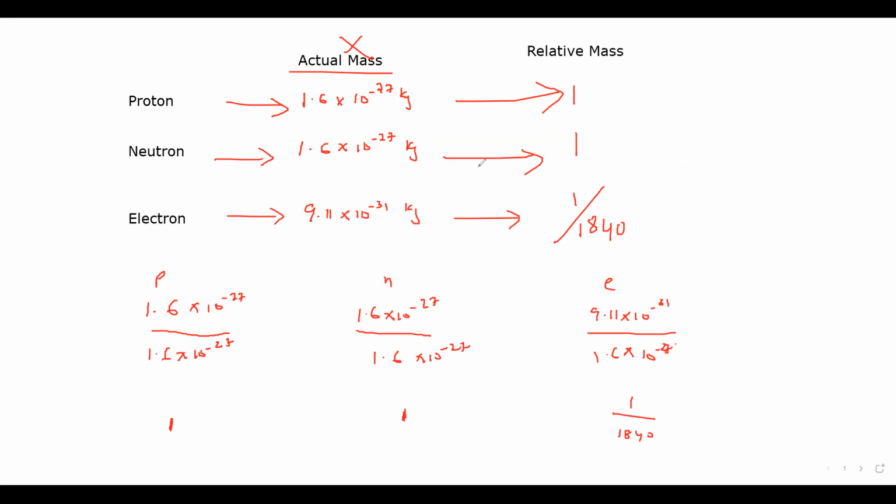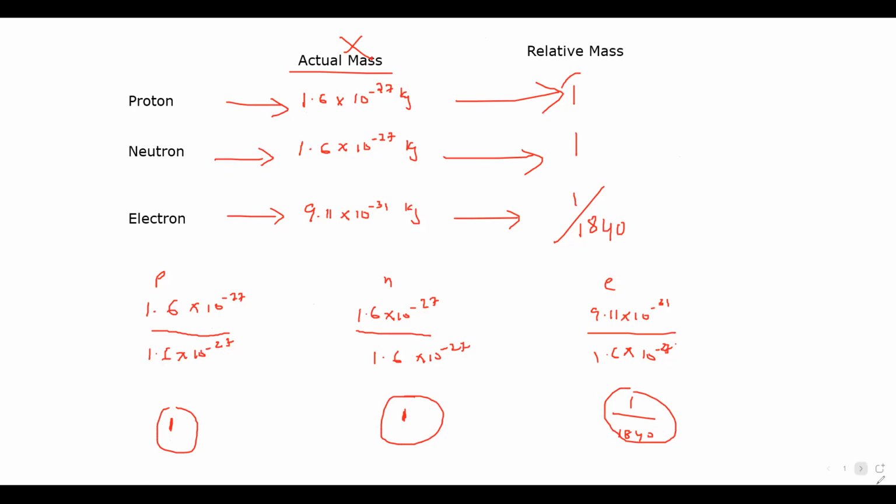But when we take the simplest ratio, when we divide all the values by 1.6 into 10 to the power minus 27, if I divide the same number, I will get 1. So for proton it will come out 1, for neutron it will come out 1, and for electron it will be 1 divided by 1840 or 1836 or 37. You can write any of them.